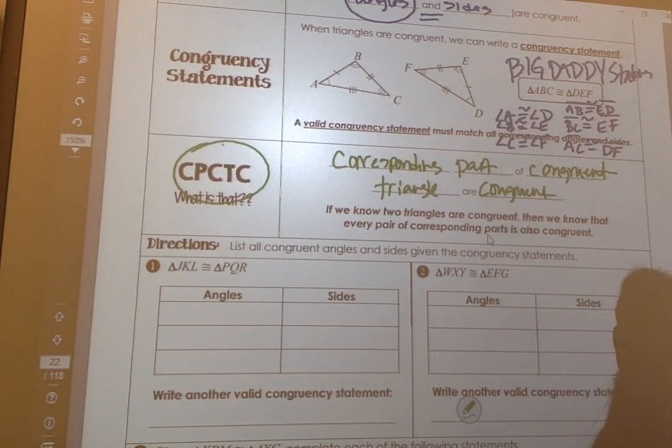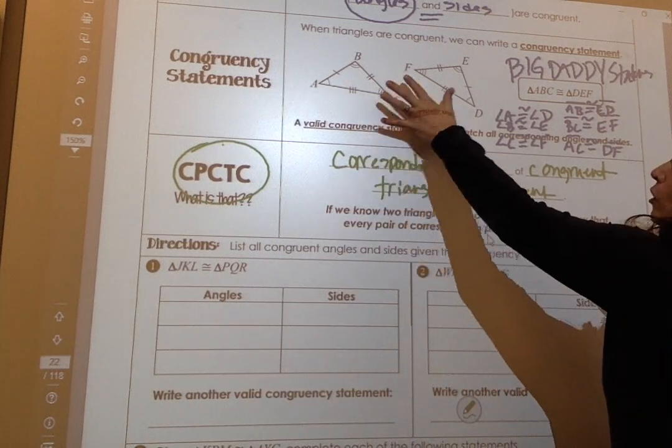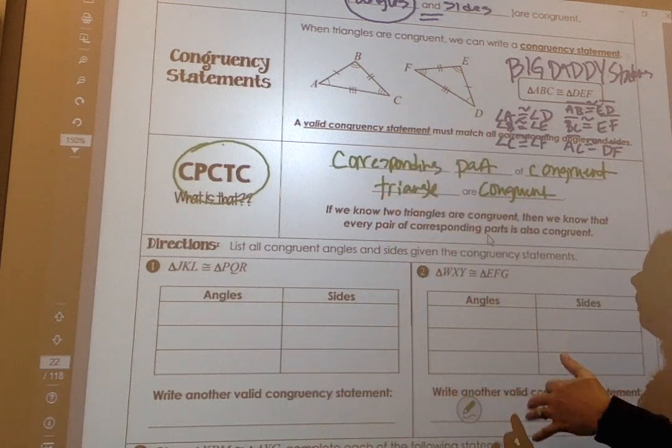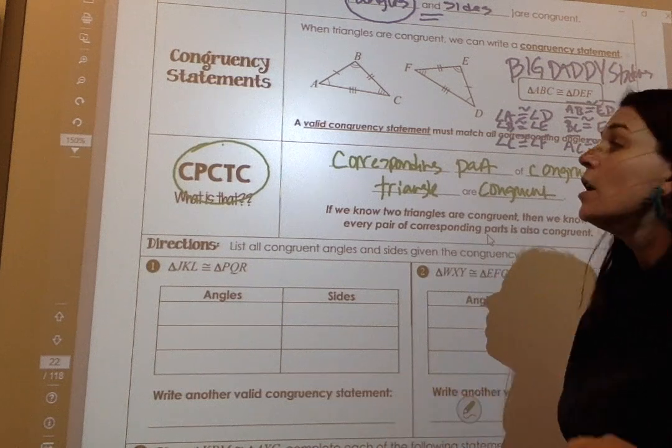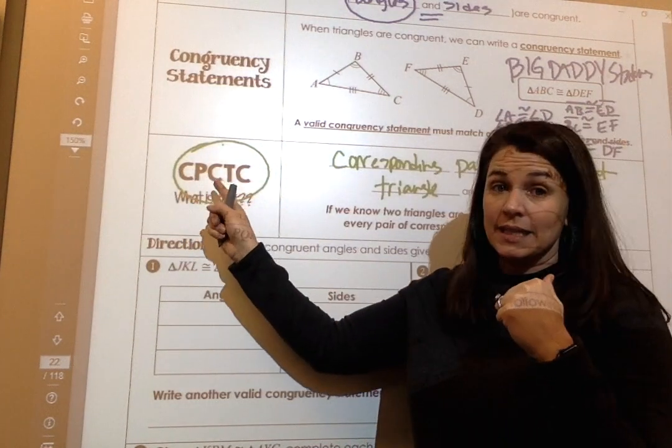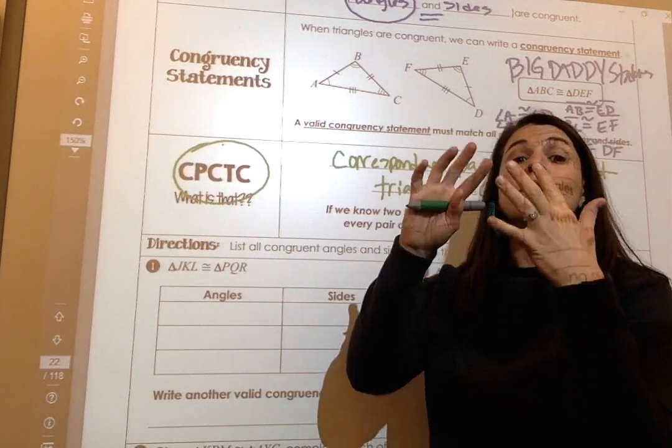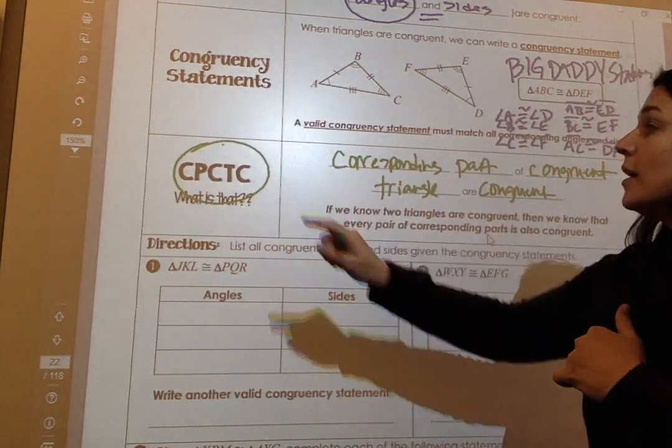All that means is that if we know 2 triangles are congruent, just like we did up here, then we know that every pair of the corresponding parts is also congruent. So that's what it means. CPCTC, corresponding parts of a congruent triangle are congruent.